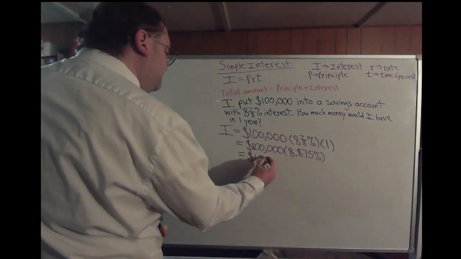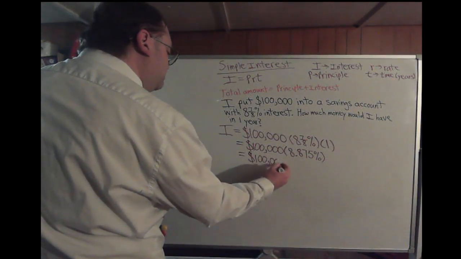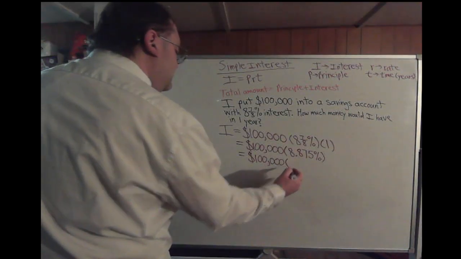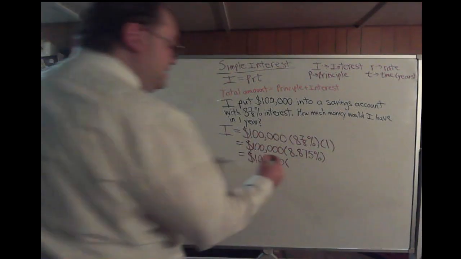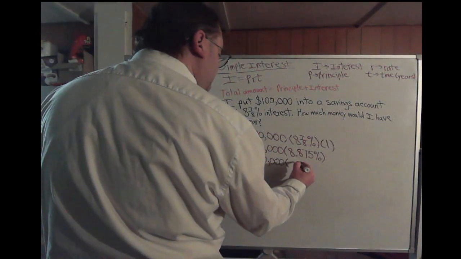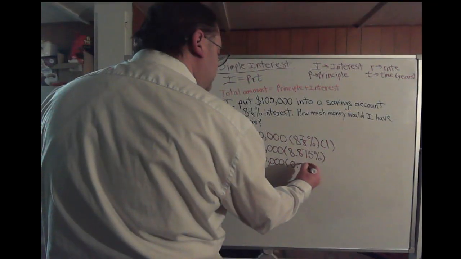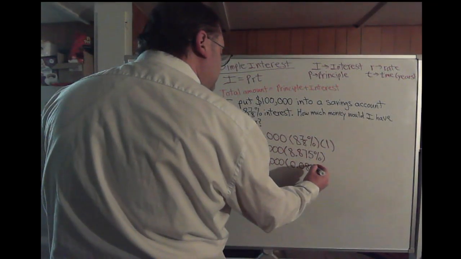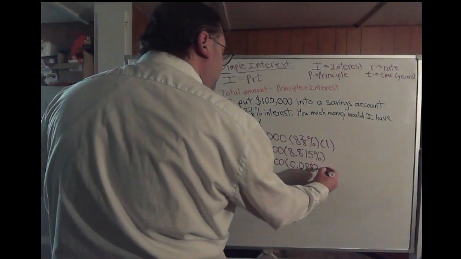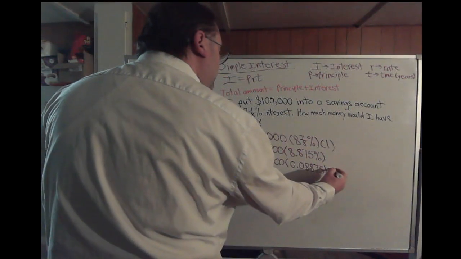So still we have the $100,000 principal times 0.08875.